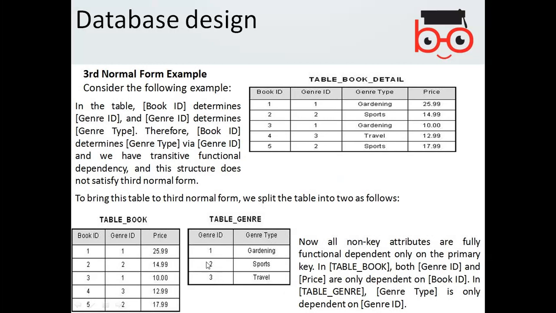So you can easily say that book ID 1 has a Genre ID 1 and Genre type has already been sorted and reduced to one table, and there is no duplication or repetition of the data that you can see over here in the book table. In the non-normalized form, gardening is repeating and sports is repeating.